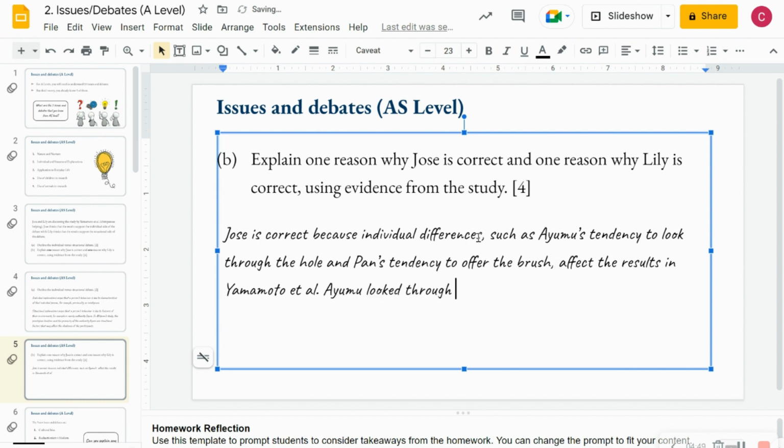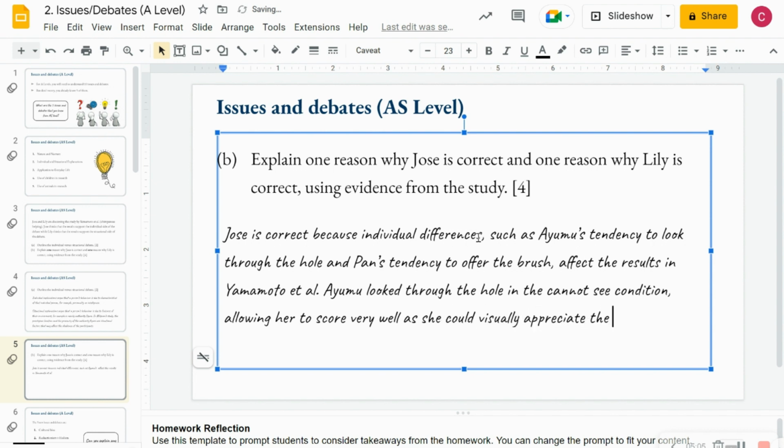Ayumu looked through the hole in the cannot see condition, allowing her to score very well, as she could visually appreciate her conspecific's problem.